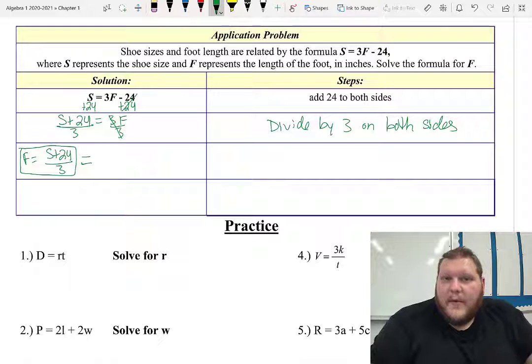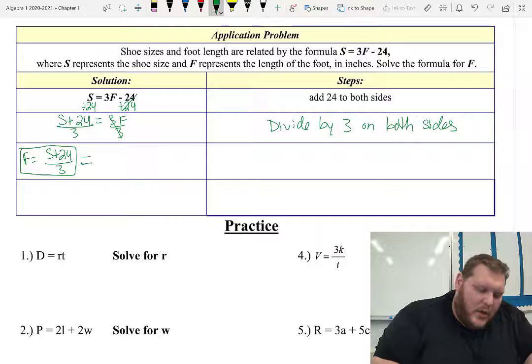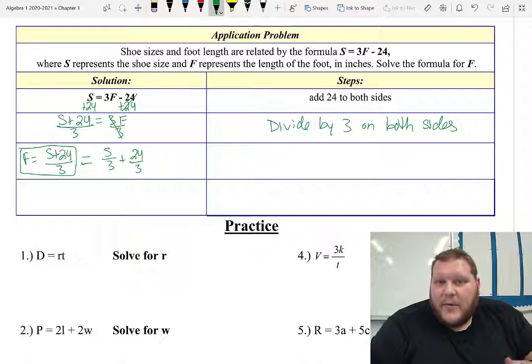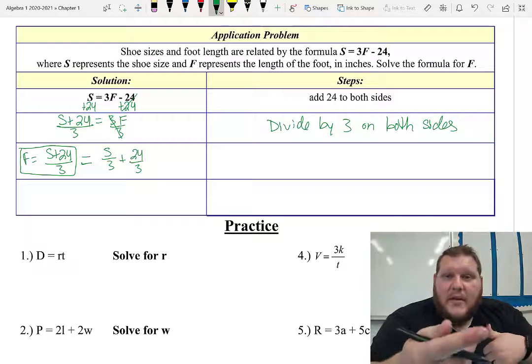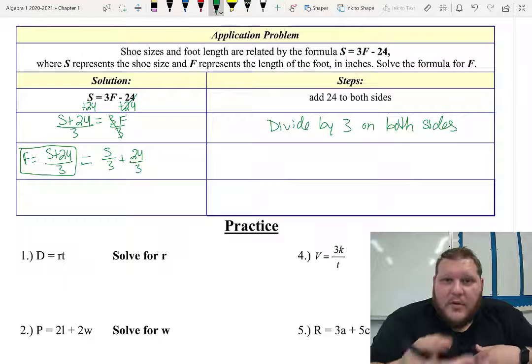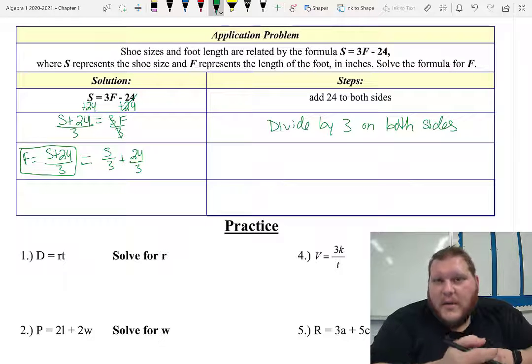If you have a polynomial, like 2 terms being divided by a single thing, you are allowed to split it up to S divided by 3 plus 24 divided by 3. That's only allowed if you have something that's being divided by a single thing. It wouldn't work the other way around. If it was 3 over S plus 24, you couldn't split that up into 3 over S and 3 over 24. It's only when you're dividing by a single thing.